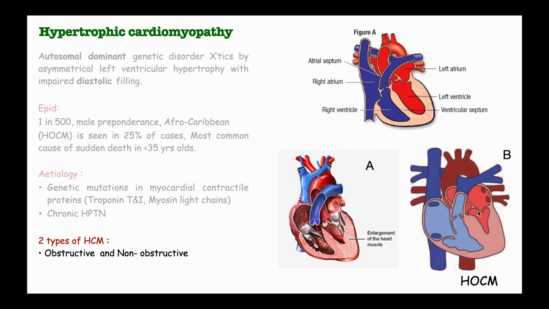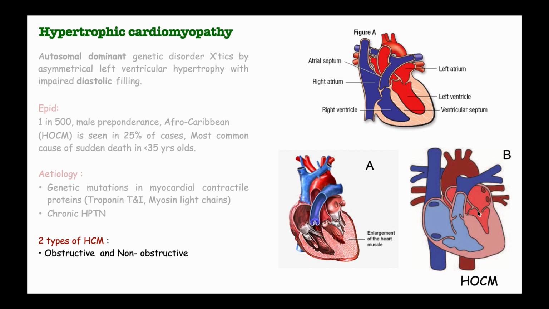Now, in most cases, hypertrophic obstructive cardiomyopathy causes sudden death, as I explained earlier on, in ages below 35 years, especially if the person is an athlete. This is because during severe exercise, the cardiac output falls and most of the blood is pushed to the periphery.